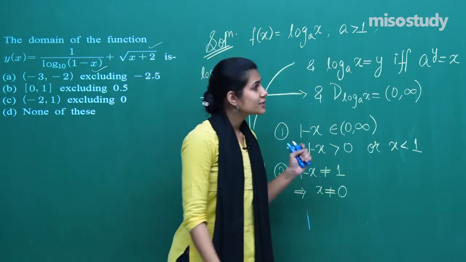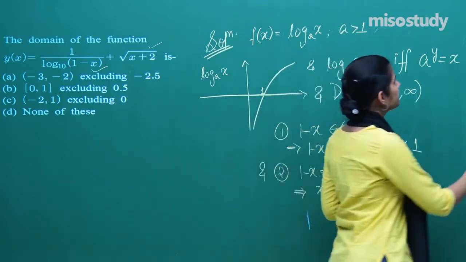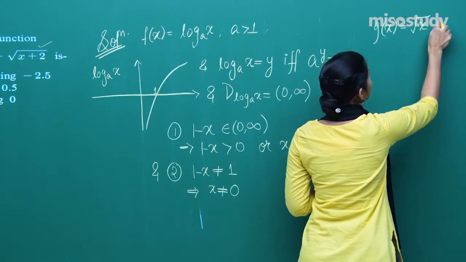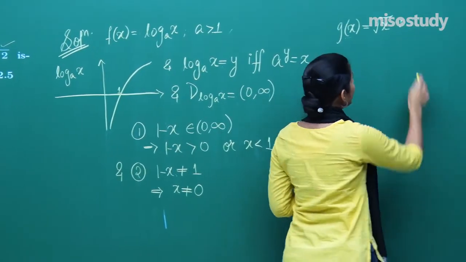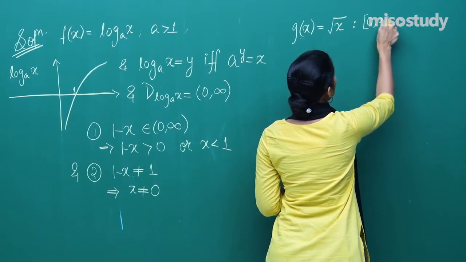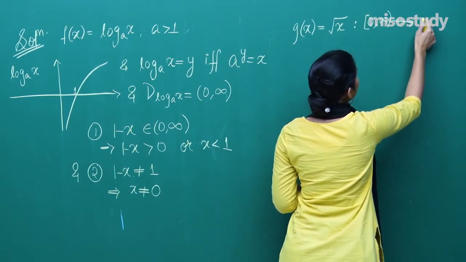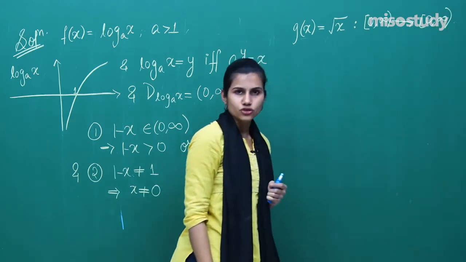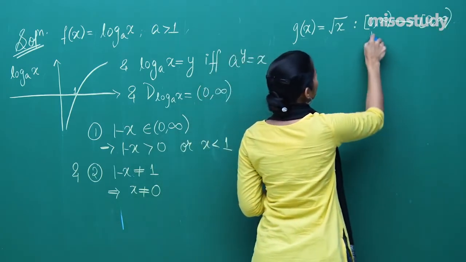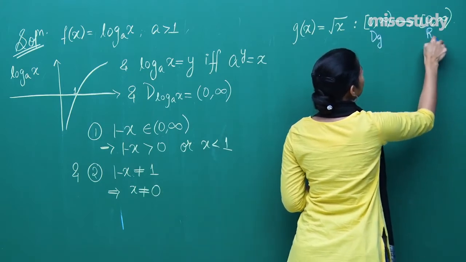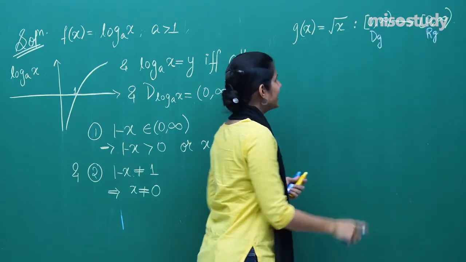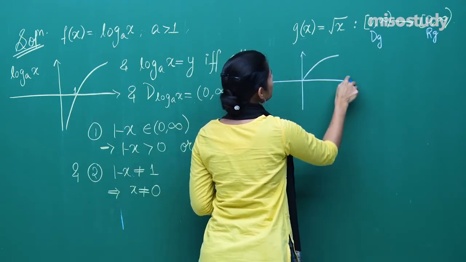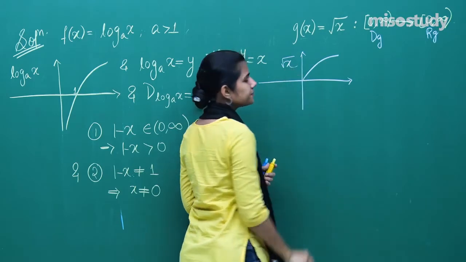And I know that the square root function, if I mark it as g(x), has domain again (0, infinity), and it goes to also (0, infinity) as the range. This is the domain of G and this is the range of G. And I know that the graph of this square root function follows to be something like this.